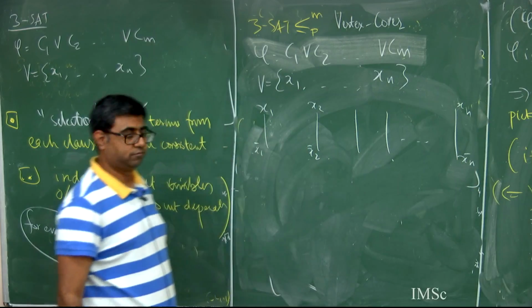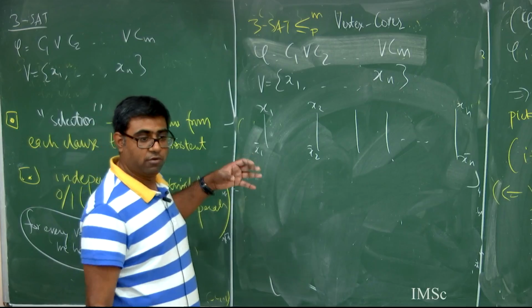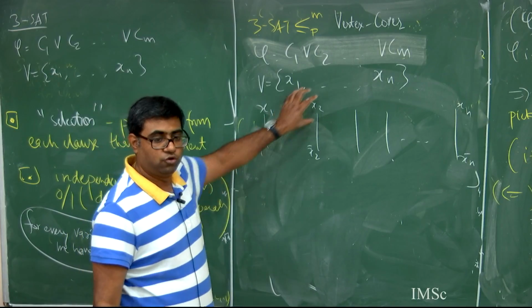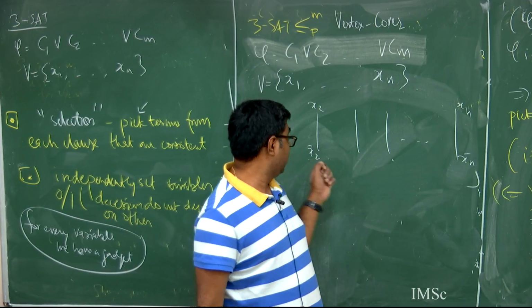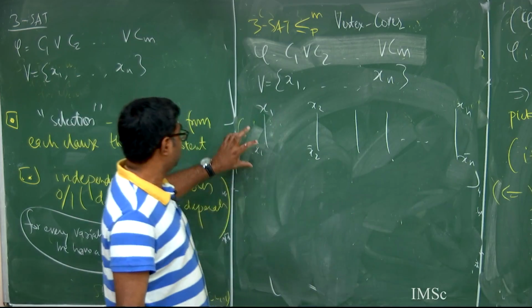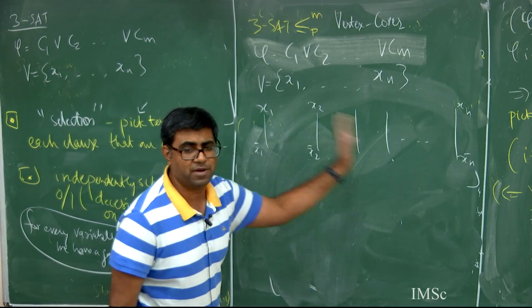Now notice, what does it represent? You fix an assignment, any assignment. That means selecting those variables from each of them, and that's a vertex cover, right? And you need one from each of them. You can independently choose which one you want to pick, xi or xi bar. It does not depend on anybody else.